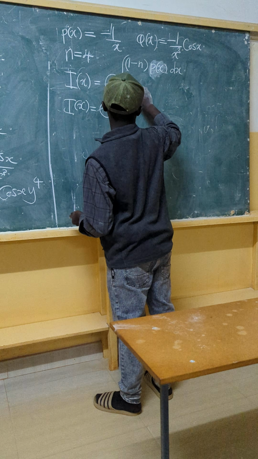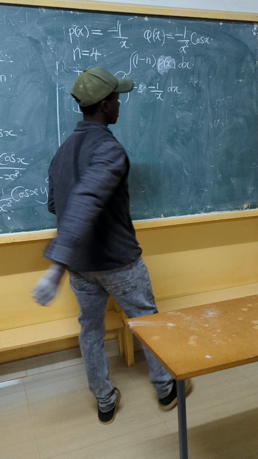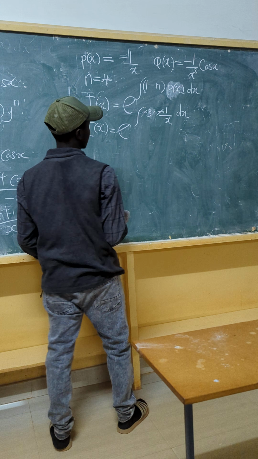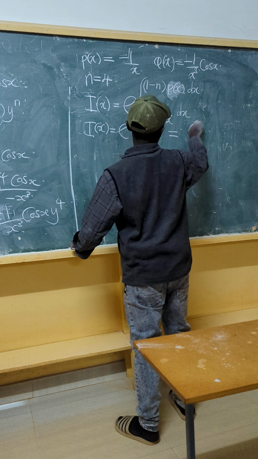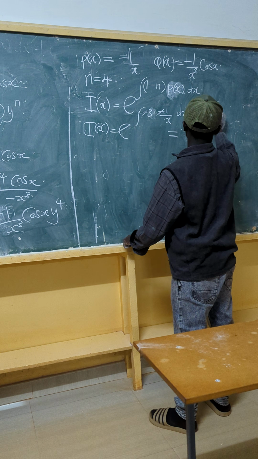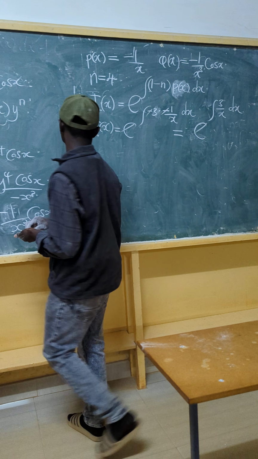So we have multiplied by negative and the negatives cancel, giving the integral of 3 over x dx.